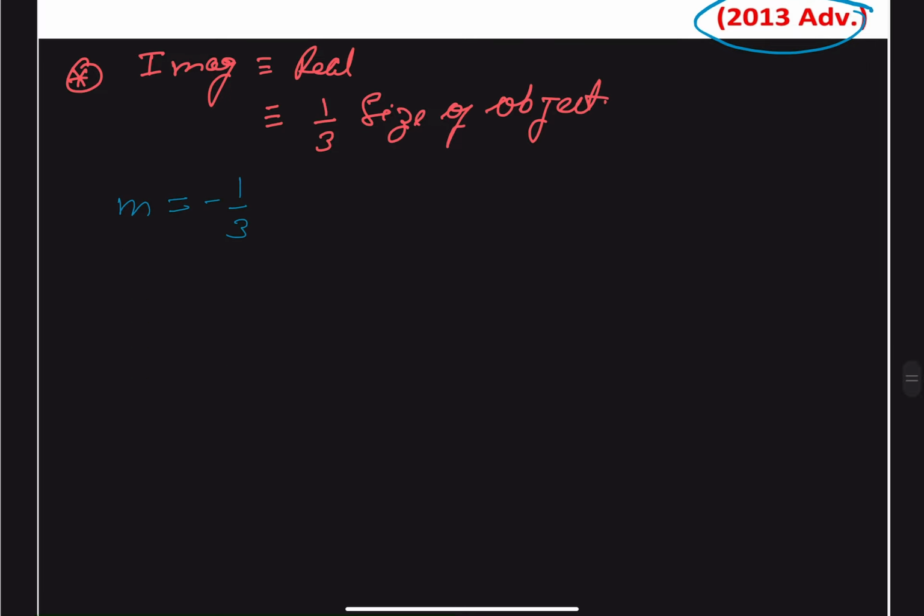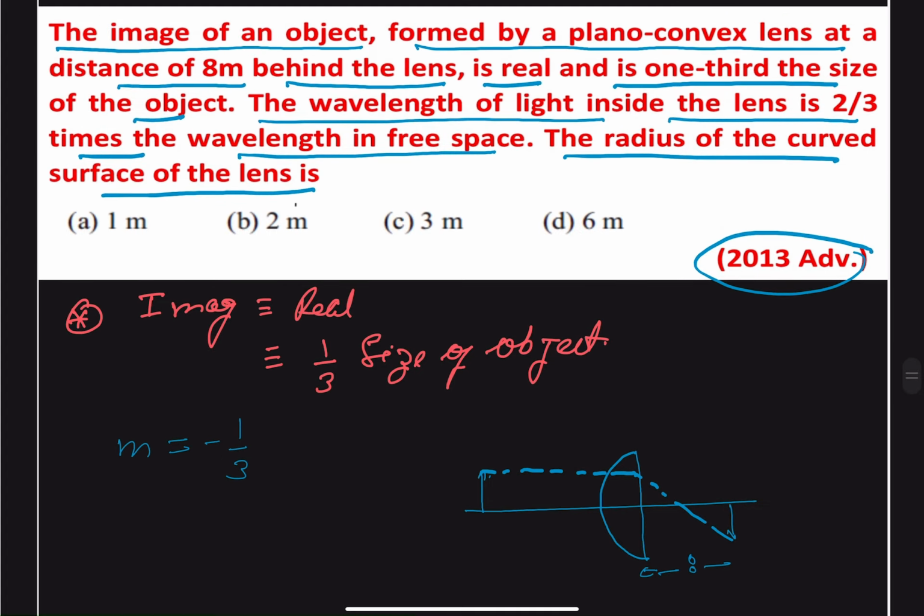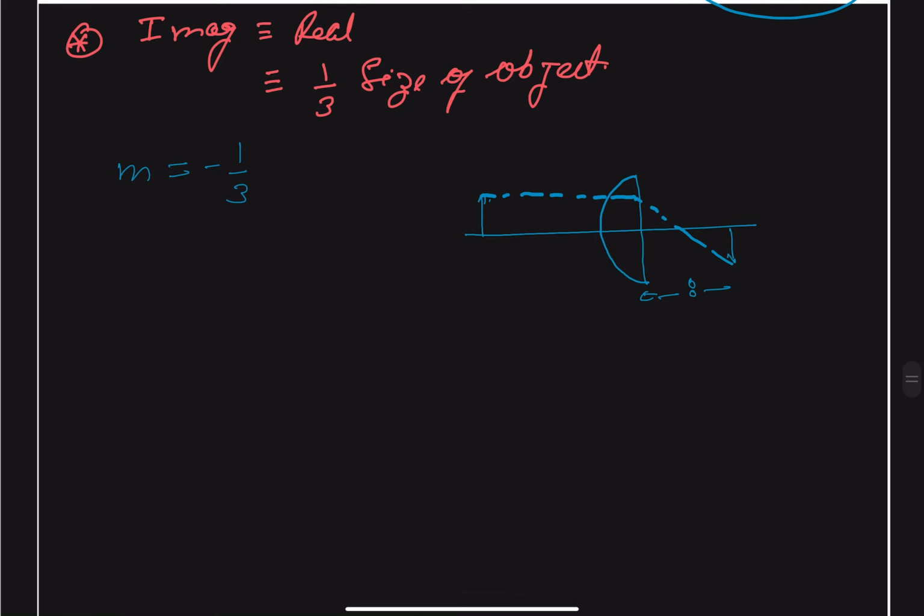So we can just draw a figure also, it would bring clarity. This is our plano-convex lens, and we have some kind of object, and the image is formed here at a distance of 8 meters.